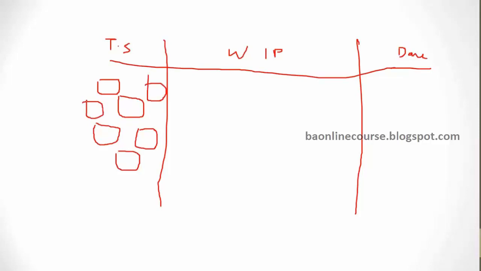Now ideally, what we have done in a waterfall model is you would do requirements for this, then you would do design, then you would do development, then only you would do testing.